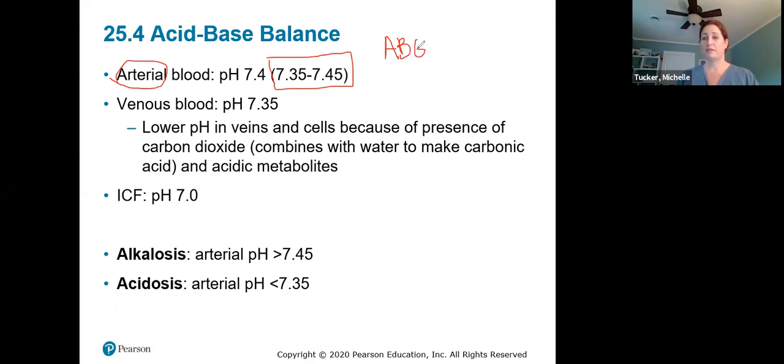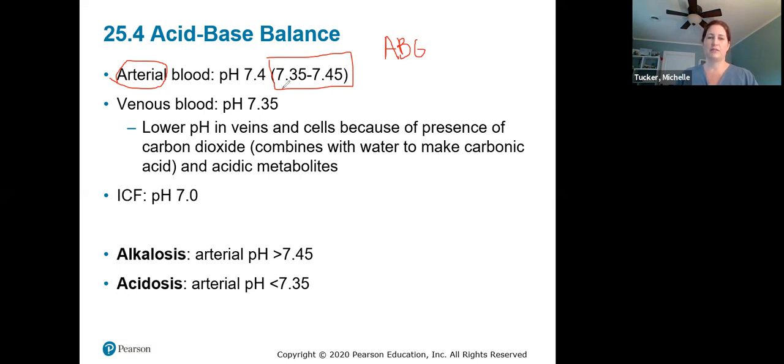So this is an arterial sample that's taken, and then we'll measure things like pH, the partial pressure of oxygen, the bicarbonate concentration, in order to assess health. But in the blood, for arterial blood, the range of a normal pH is 7.35 to 7.45, and that is a value that you do want to know.